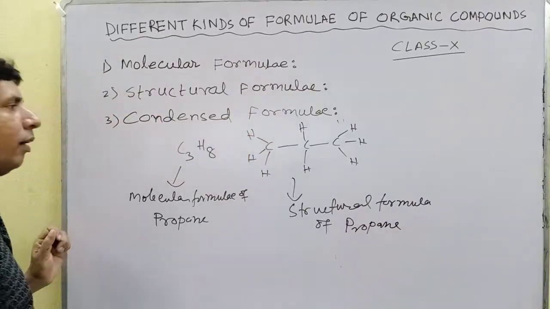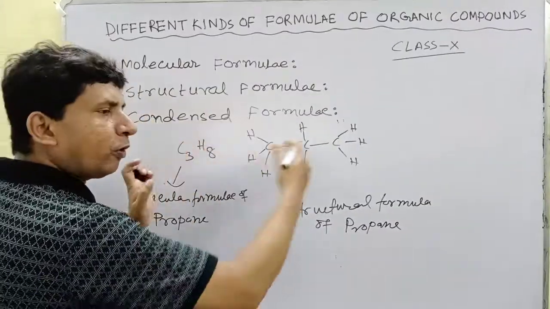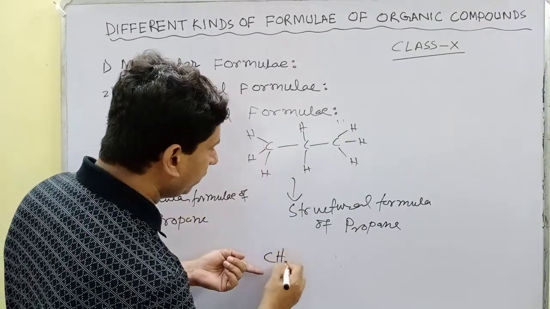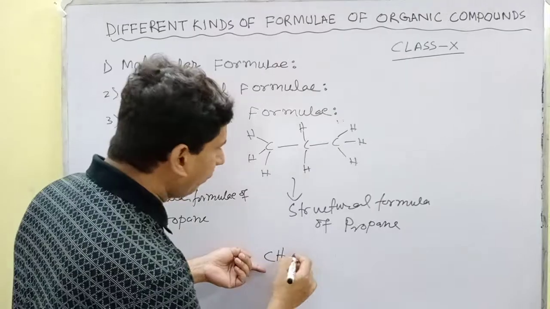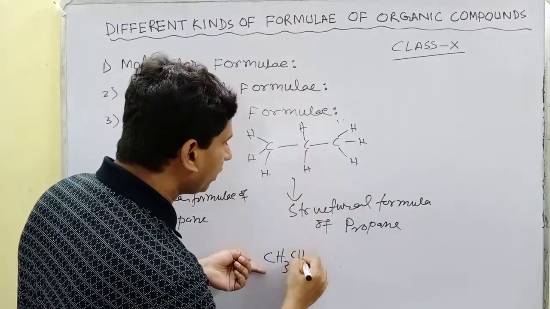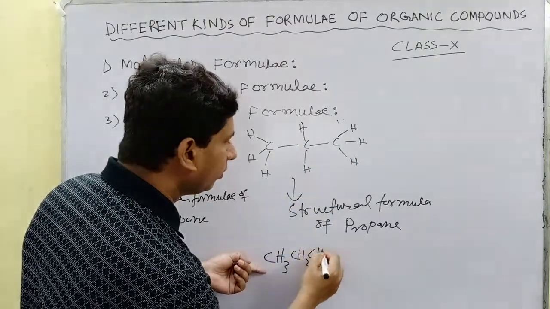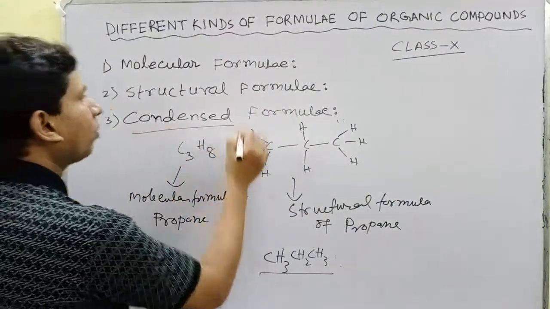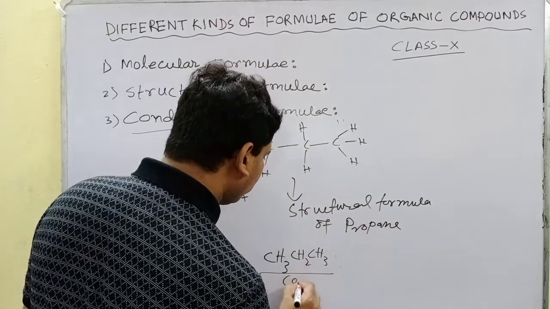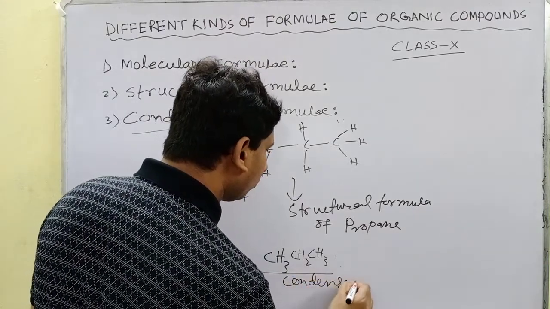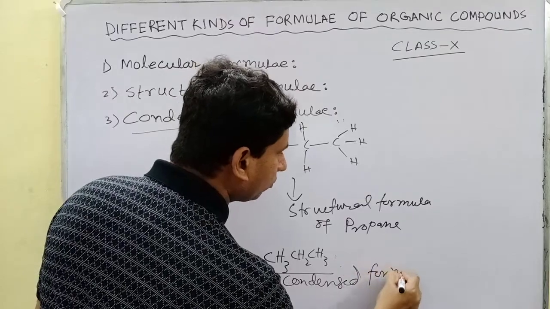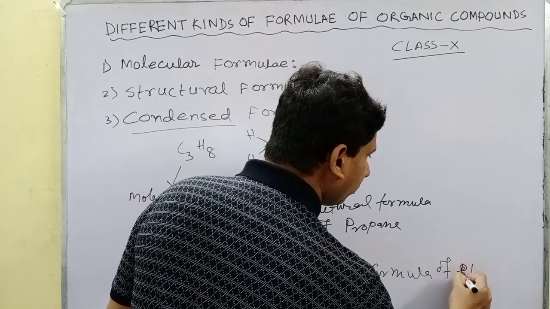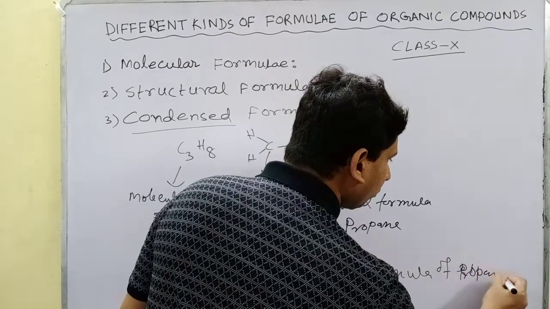And what will be the condensed formula? From the left hand side to the right hand side, you can write in this way. This carbon contains 3 hydrogens, with no gap, the next carbon has 2 hydrogens, and the last carbon has 3 hydrogens: CH3CH2CH3.